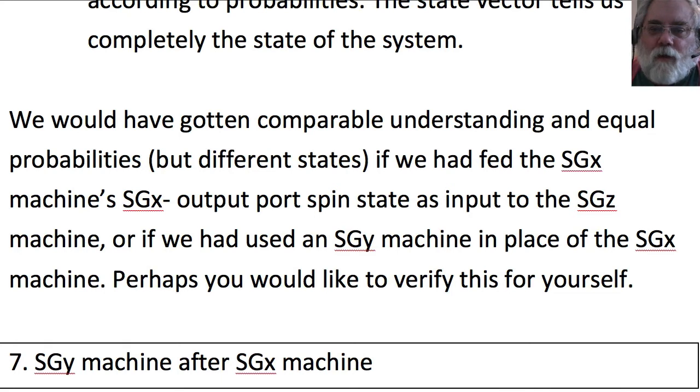We could have gotten comparable understanding and equal probabilities, but different states, if we had fed the SGX machine's SGX minus output port spin state as input to the SGZ machine, or if we had used an SGY machine in place of the SGX machine. Perhaps you'd like to verify this for yourself.